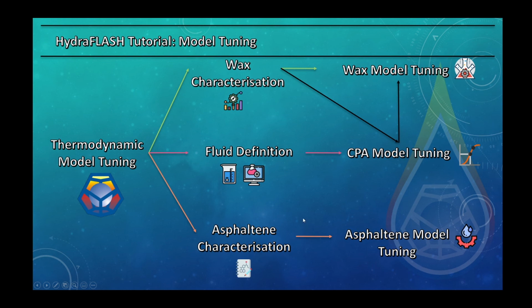I will explain each by first explaining why I put this characterization and definition before the tuning. If you have watched the videos about fluid management, I explained that for wax and asphaltene calculations, the model needs to know which components in the fluid are asphaltene or normal alkanes.